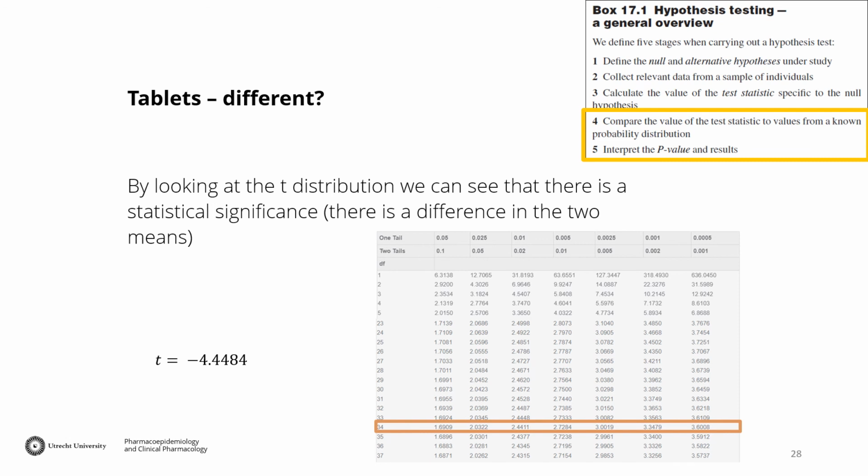We can see that our t-value or test statistics is 4.4, and here the highest one we can see is 3.6, and even over there we have a p-value of 0.001, and because our number is higher, the p-value is even lower than that. And by looking at that number, we can see that it's statistically significant if we're using the 0.05 p-value.